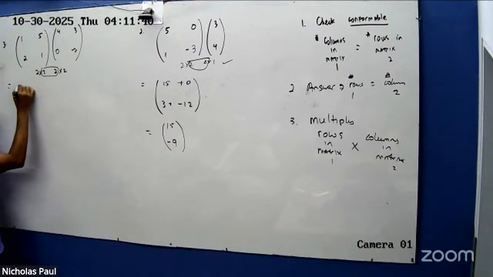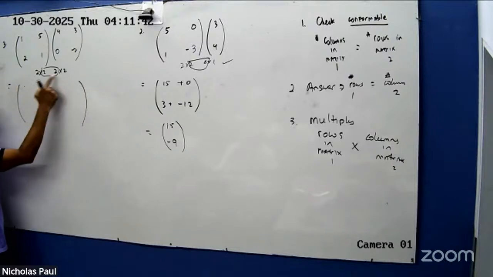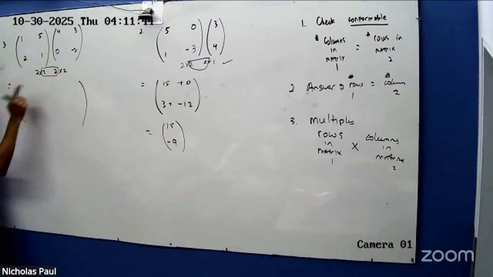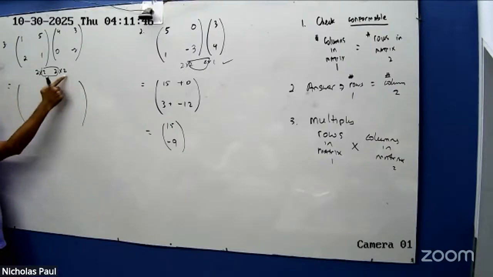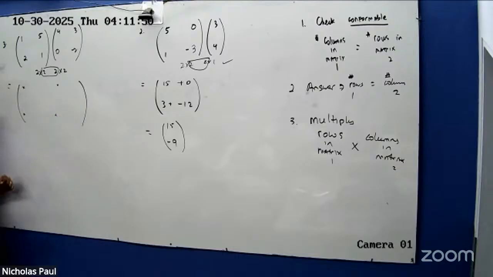And our answer is a what? Here's something important: 2 by 2 means 2 rows and 2 columns. So we have to get 1, 2, 3, 4 values. So you're multiplying how many times? 4 times.